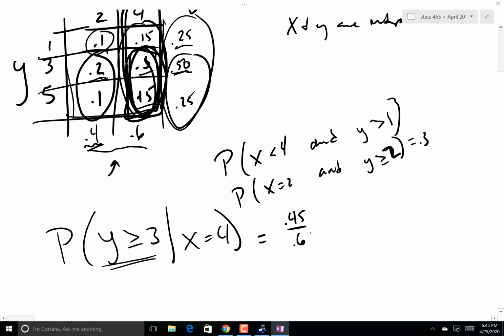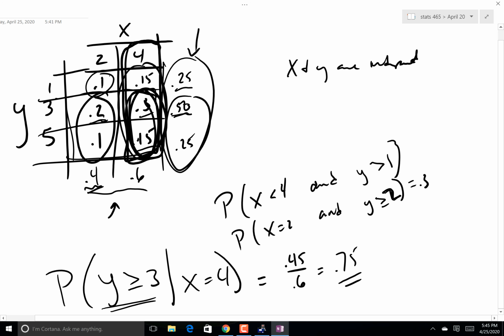So out of 60%. And what is 45% out of 60%? 75%. So here's the deal. Because I know they're independent, I just come right over to here and I go with 75%. That makes sense? If I didn't know they were independent, then I would go ahead and add them up like that. Okay? That should take care of sections 3.3 and 3.4 for you. Let me know if you have any questions.